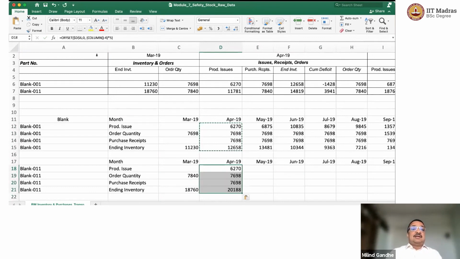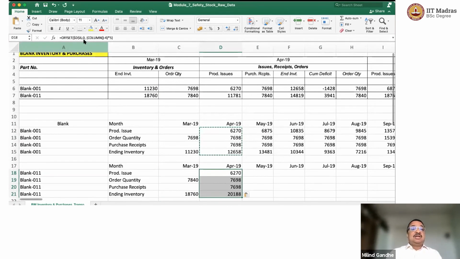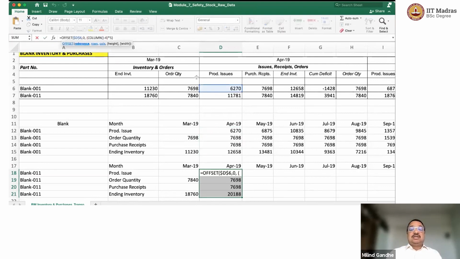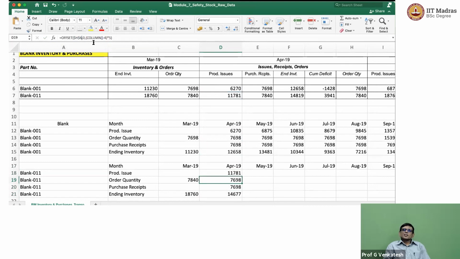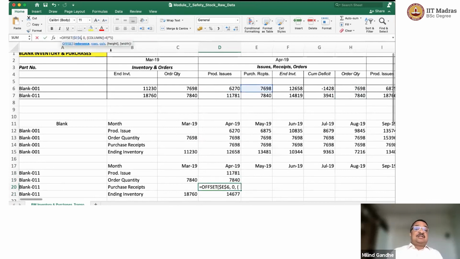Now instead of looking at D6, I should look at D7. Correct, everywhere you have to change 6 to 7. Actually, if I had not put the dollar before the second one, that could have worked.